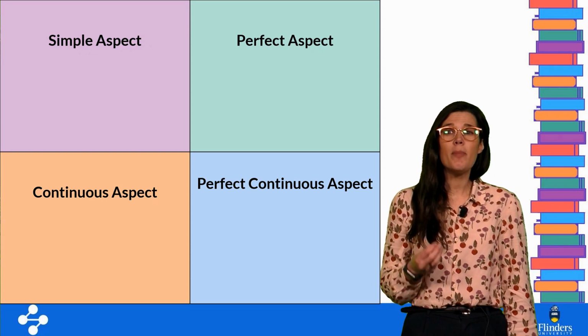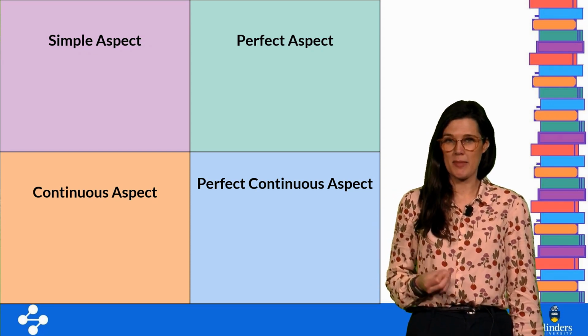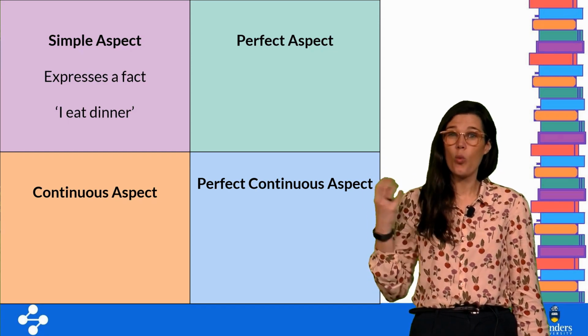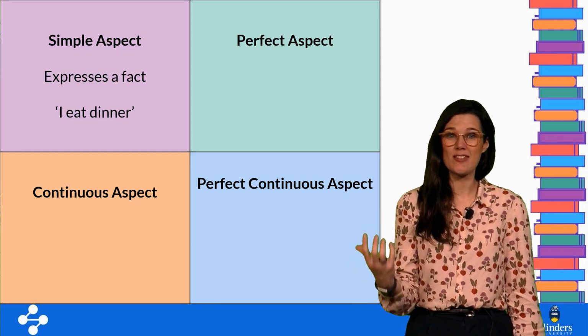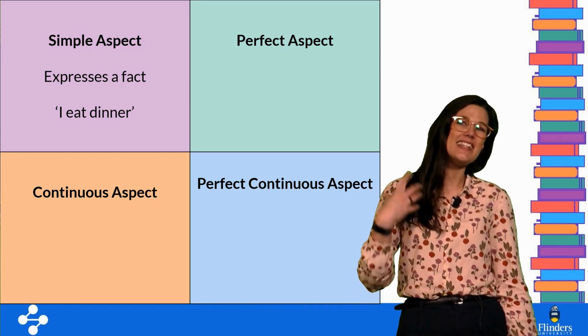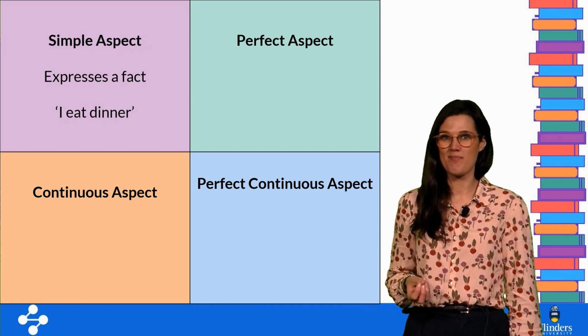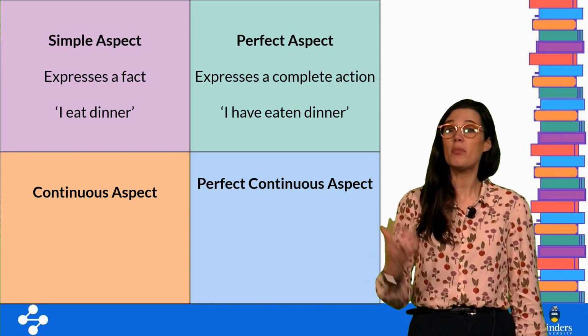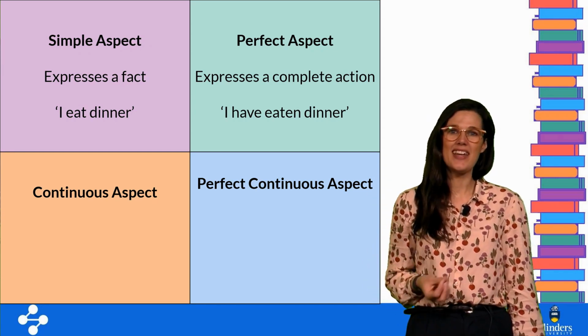We're going to think about what each of these aspects mean. What does the simple aspect distill down to? Well, simply it expresses a fact, something that is true, something that is complete or is a habit. The perfect aspect, meanwhile, expresses a complete action. I have eaten dinner.